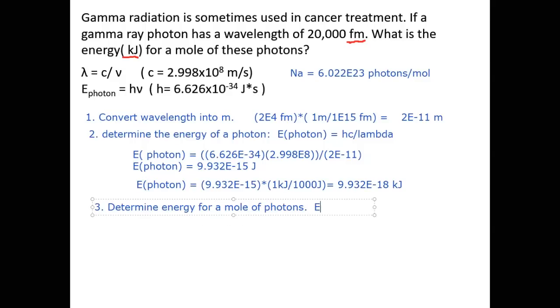So the energy of a mole of photons is equal to the energy of a photon times Avogadro's number. So energy equals 9.932 e to the negative 18 times e to the 23rd.